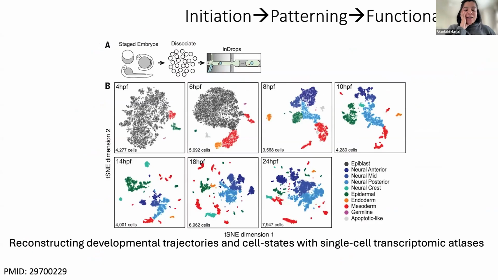I don't know what Alon is going to talk about, but this was again a pioneering effort from the Klein Lab and now several other labs, where we've as a community built these atlases across developmental time, dramatically expanding our view of which genes and cell states are evolving over time, over developmental trajectories. We can infer lineage relationships, map gene expression changes during those trajectories at really high resolution.